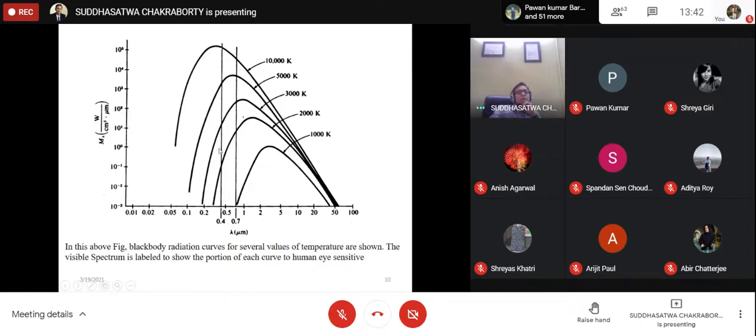The micrometer, I think you will be able to relate, because this is a distribution. If you find the area under the curve, the micrometer and micrometer will cancel out each other. So what will be the unit then? Watt per centimeter square. So this is basically the spectral power distribution, the spectral power density, or power density: the input power per centimeter square.